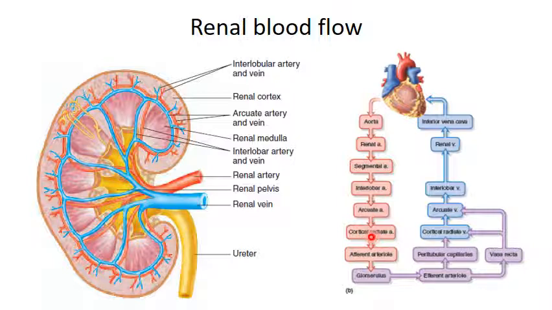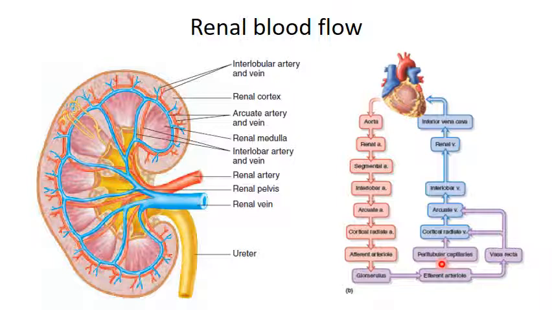The arcuate arteries then give branches called interlobular arteries, also called cortical radiate arteries. Then the interlobular arteries further divide into afferent arterioles. Afferent arterioles then divide into the capillaries called the glomerulus. Then from these capillaries, or glomeruli, the blood is drained into efferent arterioles.